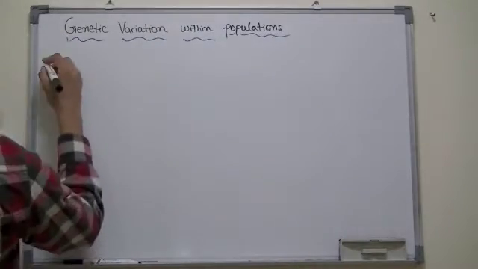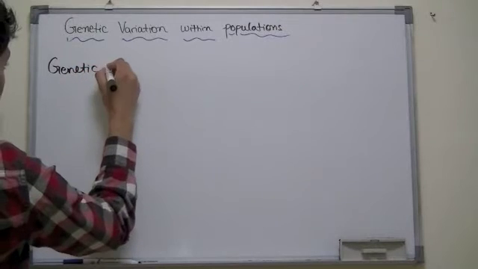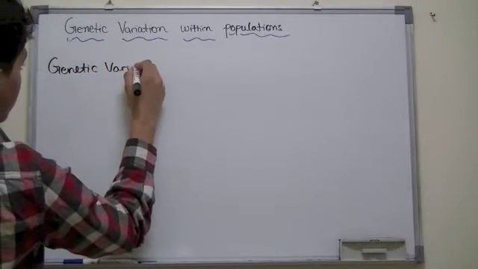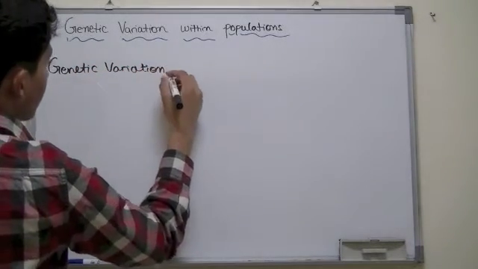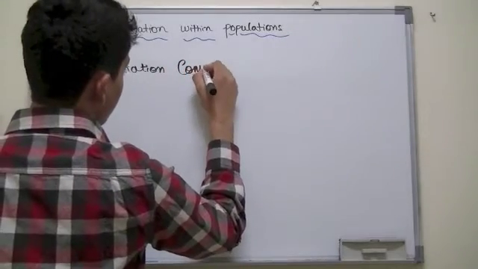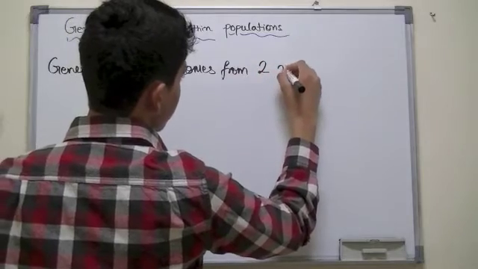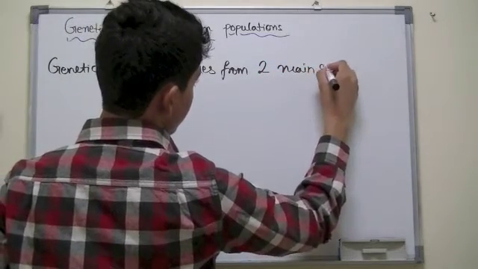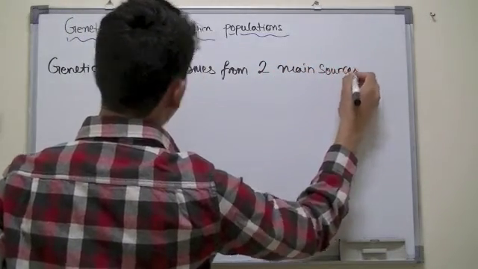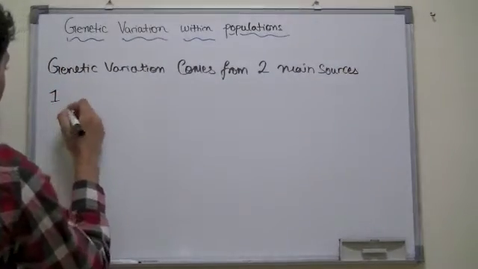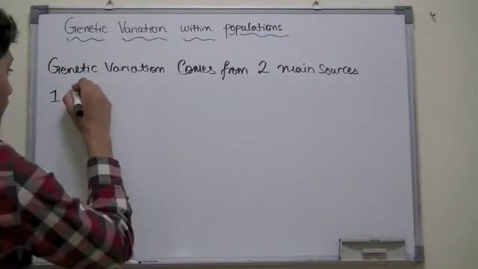So we said the genetic variation comes from 2 main sources. The first source is mutation.